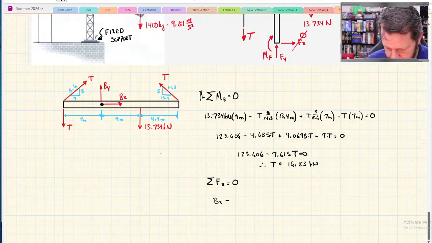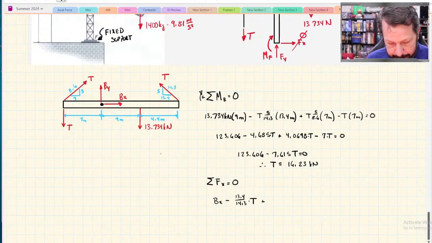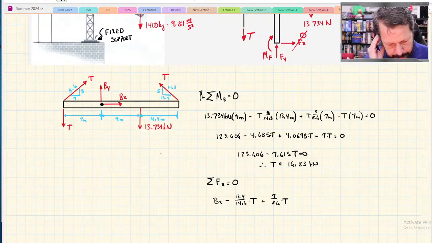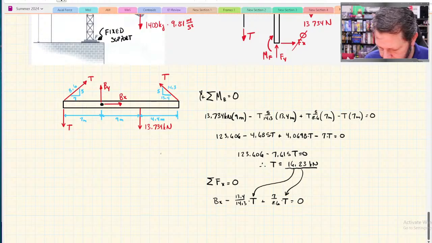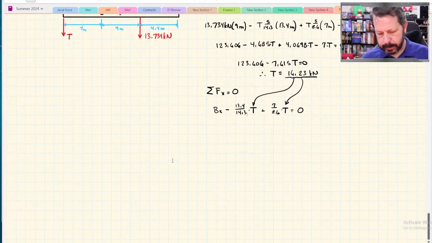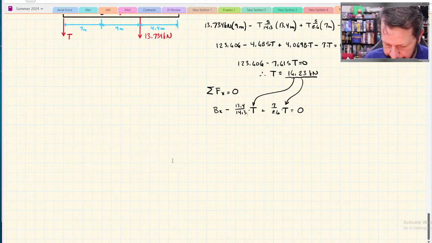So that's 13.4 over 14.3 times t, plus the x component of t, which is 7 over 8.6 times t. That's it, huh? Those are the only three in the x direction. So those equal 0. We plug in our newly found value for t and see if we can calculate a number.